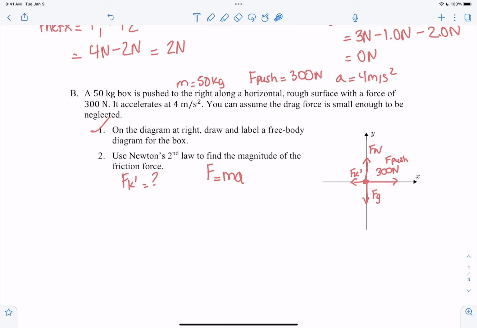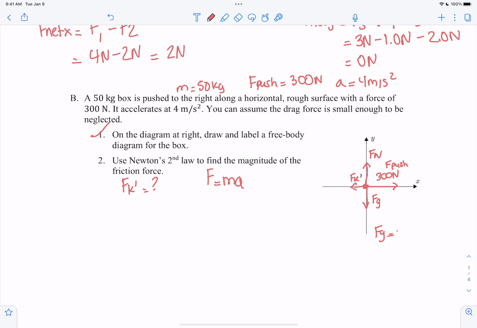So if they were to ask us Fn and Fg, what are those values? Well, we know the box is 50 kilograms, so we can easily figure out Fg because Fg is equal to mg. So we take 50 kilograms times 10 meters per second squared to get 500 newtons. That would be our force of gravity, and that would be negative 500 newtons because that's pointing downwards.